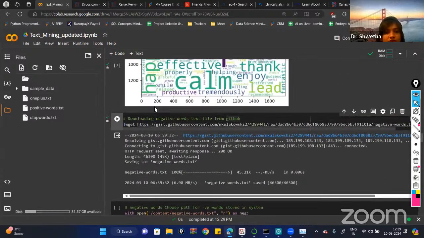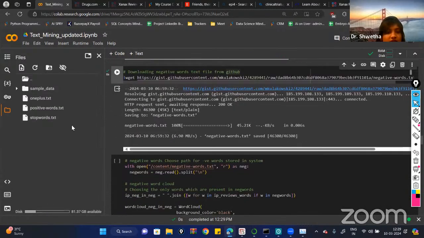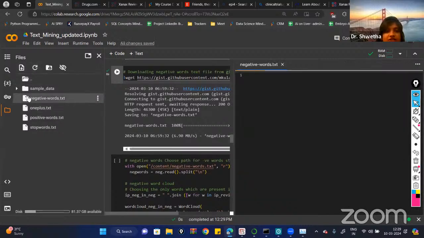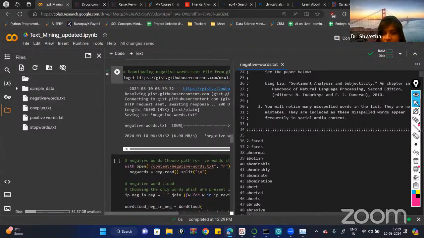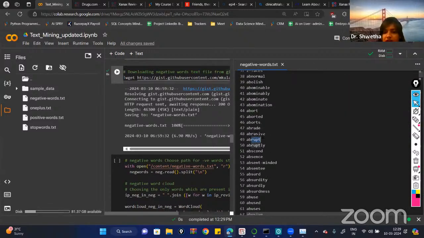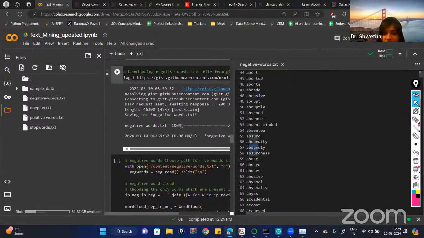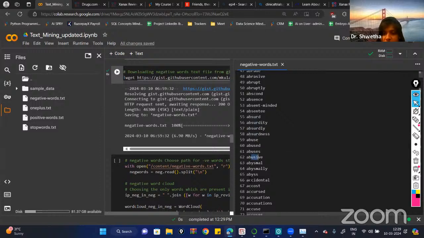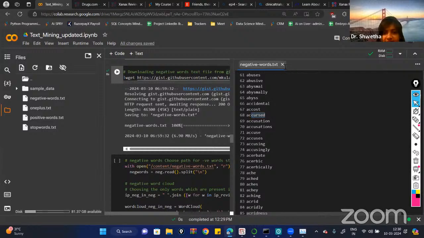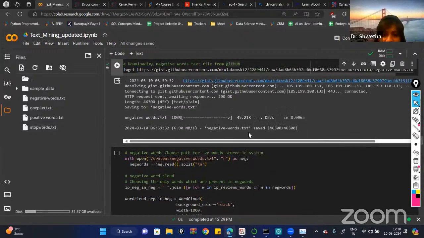So the negative words get updated. So these are the negative words: abrupt, abrasive, absurd, abused, accost, accursed. All these are the negative words which are defined.